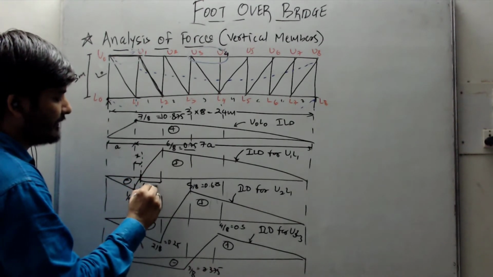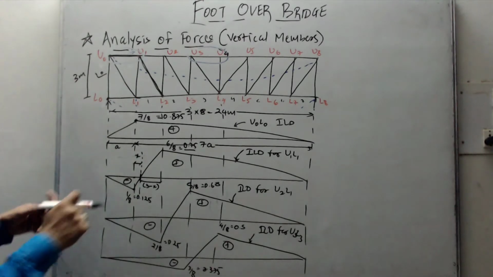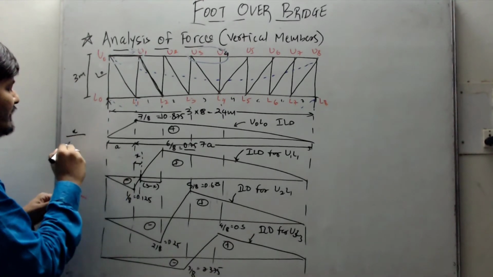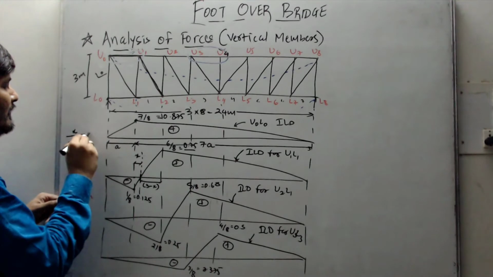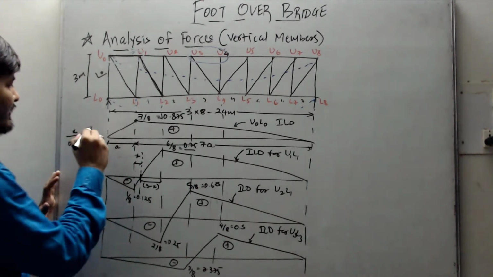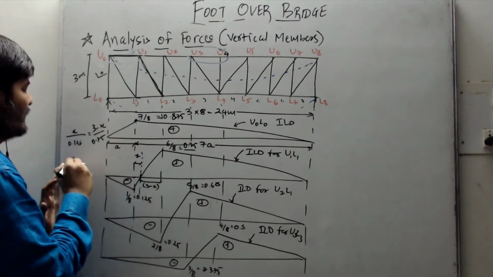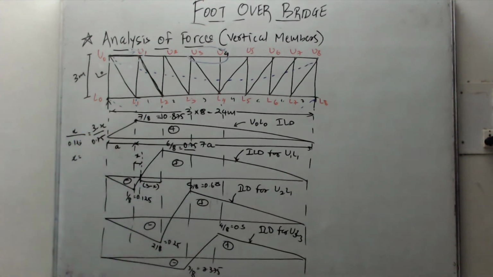Using the similar triangle rule, you can easily calculate the distance: x divided by 0.125 is equal to 3 minus x divided by 0.75. If you solve this, you will get your x value as 0.428 meter.